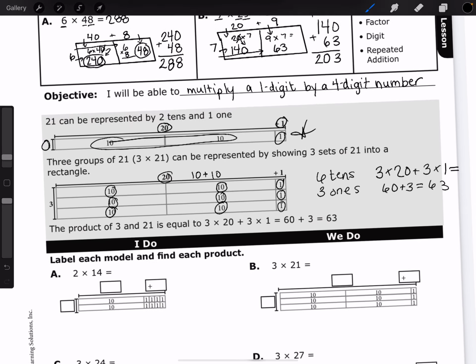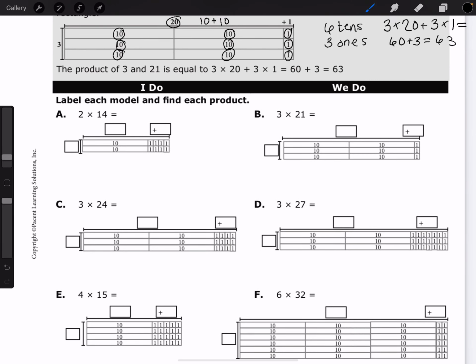Make sure your equal signs represent that you have the same on both sides.